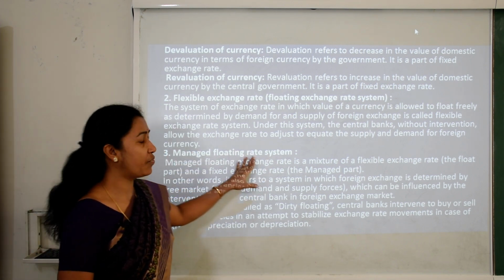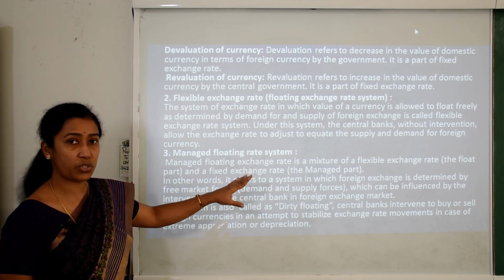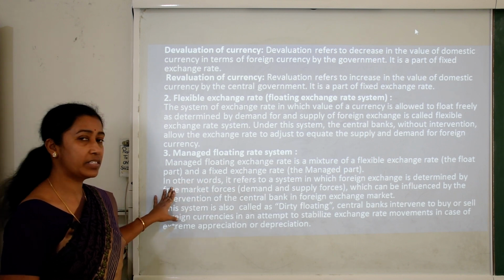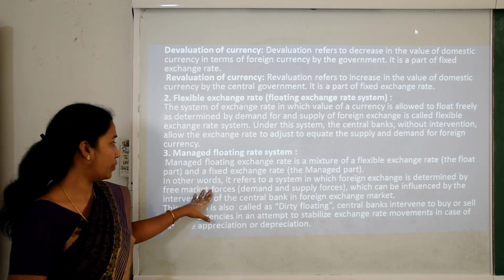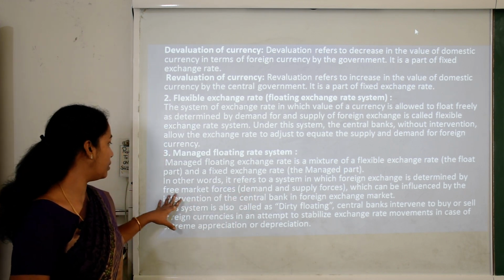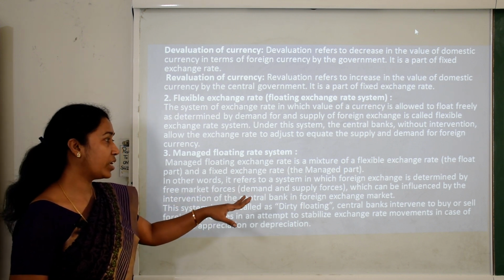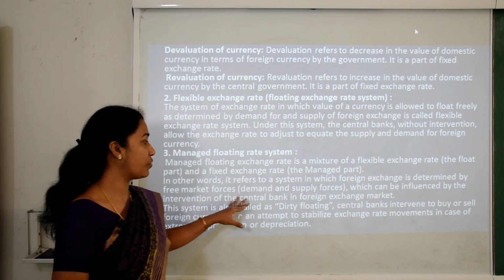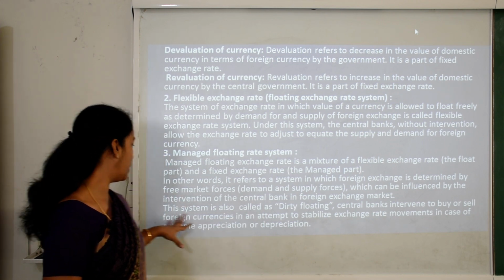Third is the managed floating rate system. The managed floating exchange rate is a mixture of the flexible exchange rate system and the fixed exchange rate system. In other words, it refers to a system in which the exchange rate is determined by the free market, that is, forces of demand and supply, and which can be influenced by the intervention of the central bank in the foreign exchange market.